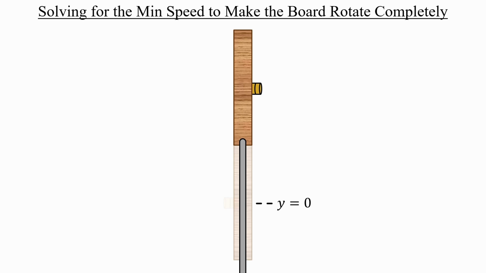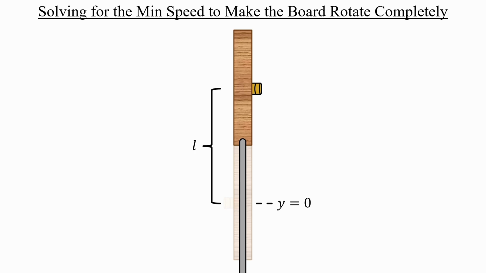Since it's half the length of the board from the center to the rotation point in the lower position, and again, it's half the length of the board from the rotation point to the new center position, then the y value of that new upper position is just the sum of those two half lengths, which gives us L.